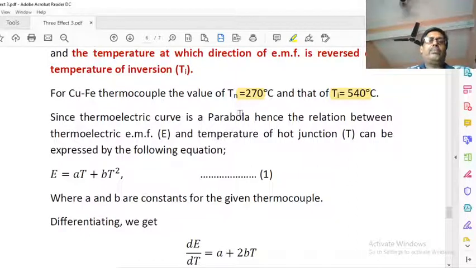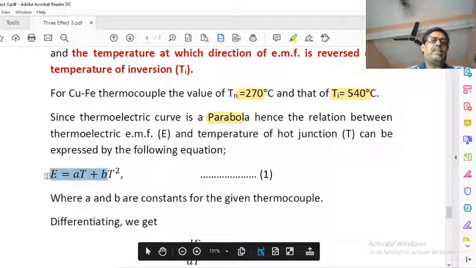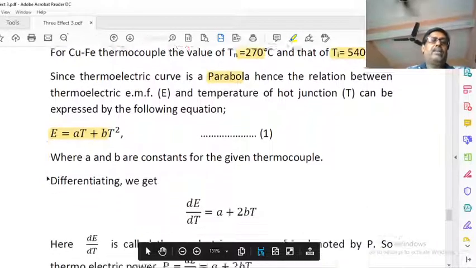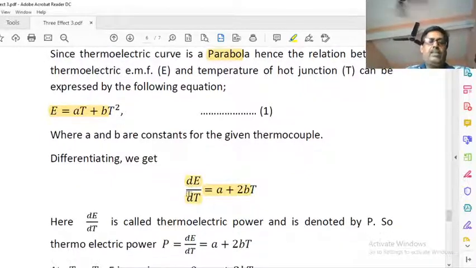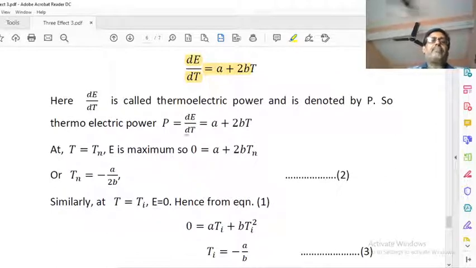As I told you, the graph is a parabola, which is represented by this equation, in T and T square, where a and b are constants. If we differentiate one time, we will get this one, and this term dE by dT is called thermoelectric power.